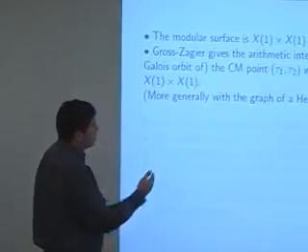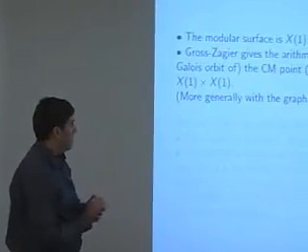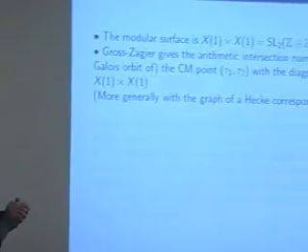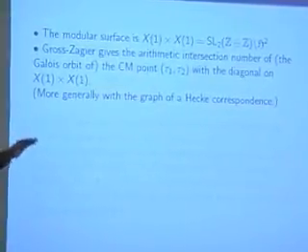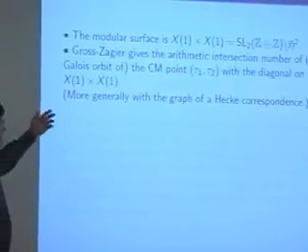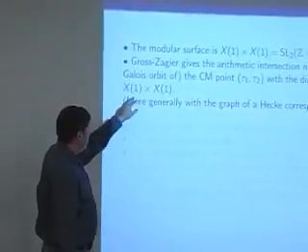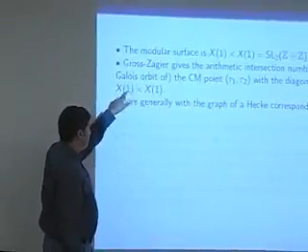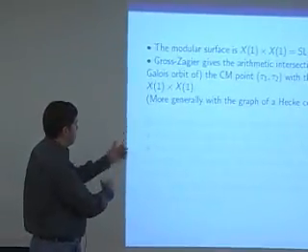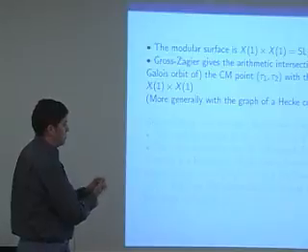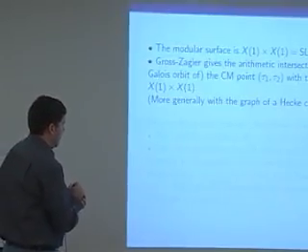Okay, so also in that sense, it's kind of a similar flavor to the problems we were discussing in the context of class invariants. Okay? And in fact, already in their paper, Gross and Zagier don't just look at the diagonal, but they look at the graphs of the Hecke correspondences. The Hecke correspondences, say TP, are multiple valued functions from x1 to x1, but they have a graph in the product, x1 times x1, and you could ask, well, what's the intersection number of a point tau 1, tau 2 with such a graph?